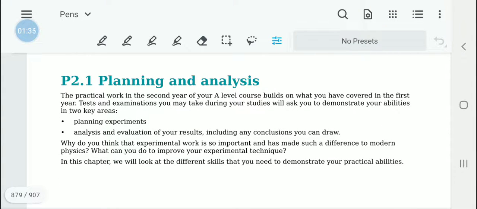Now in the AS part, you have learned how to carry out different experiments, the planning part, then analyzing, evaluation and reaching the conclusion.